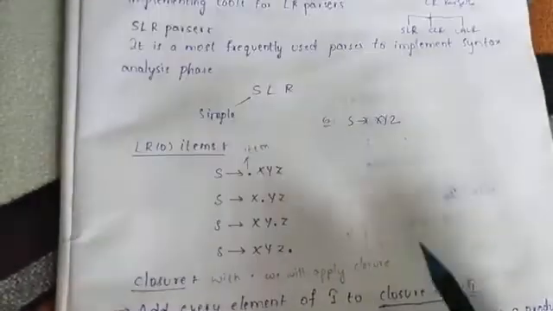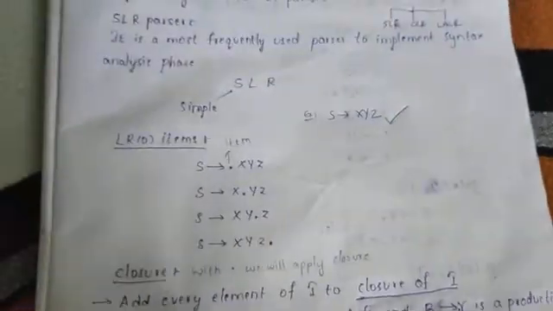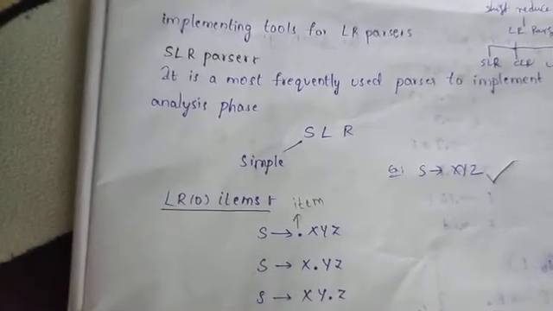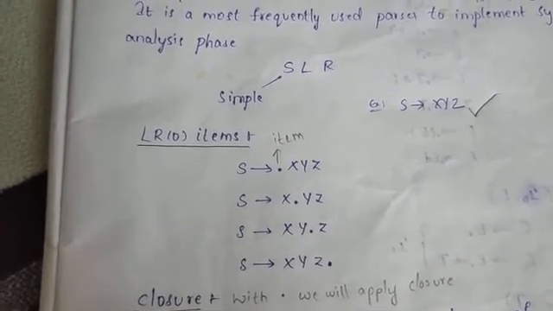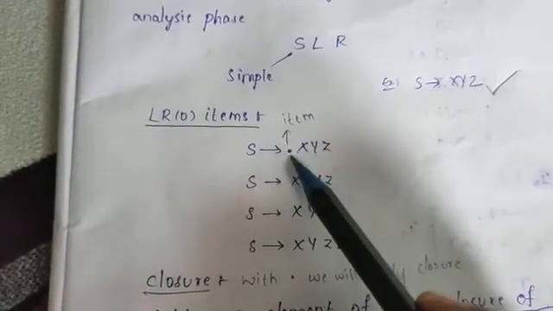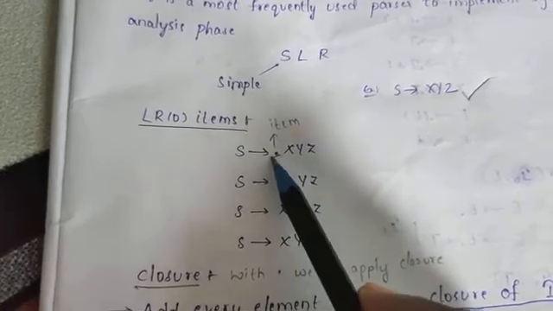The first one is a grammar, S tends to X Y Z, where X, Y, Z are grammar symbols. While handling SLR parsers, we use one dot in the grammar. So we place one dot at the start of a production.